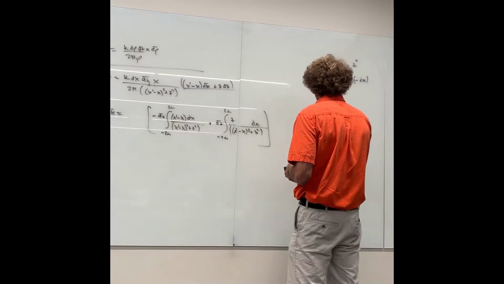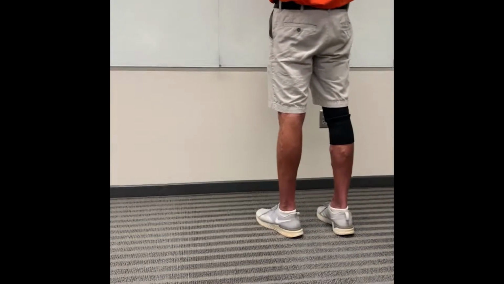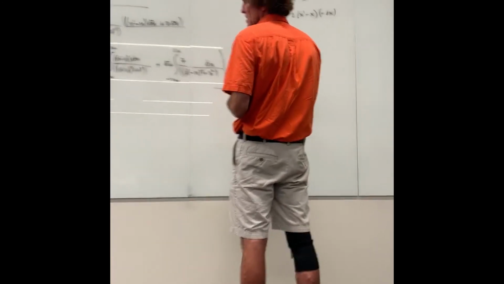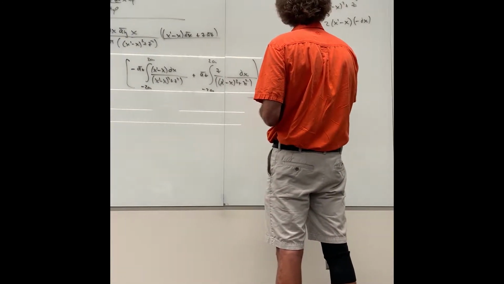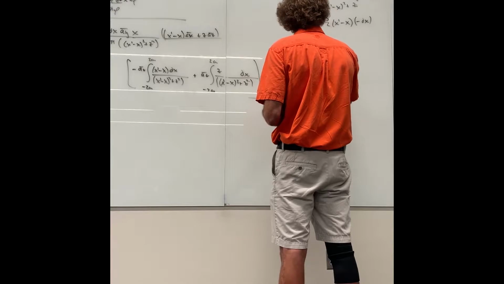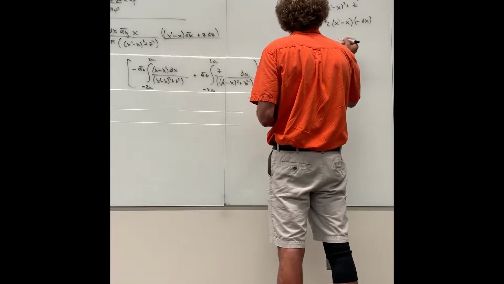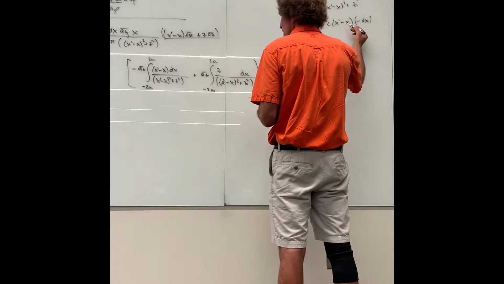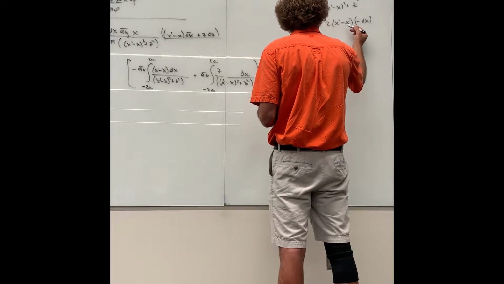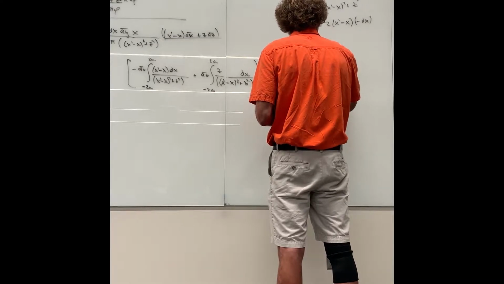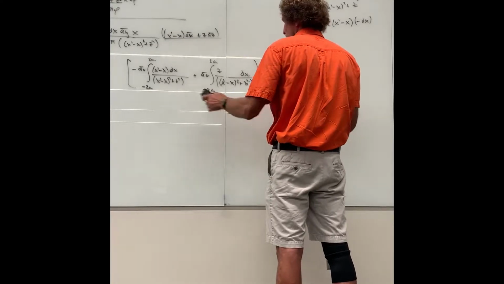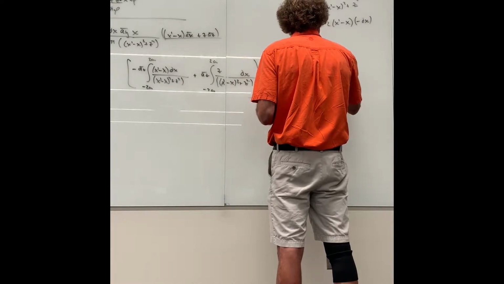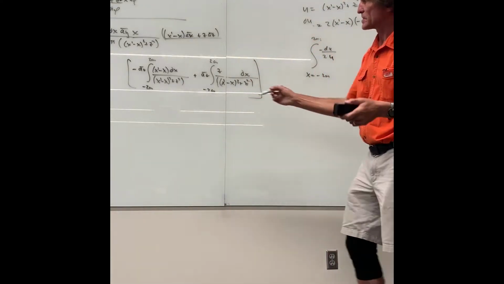I can say the integration from x goes to minus 2 centimeters to 2 centimeters of, here, the x minus x prime is minus du over 2. So I have minus du over 2, and then I have divided by this, which is just u. That's this integral right here.